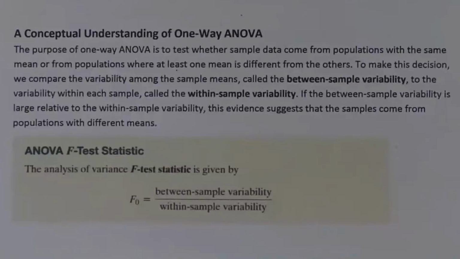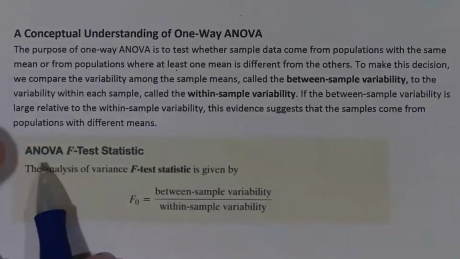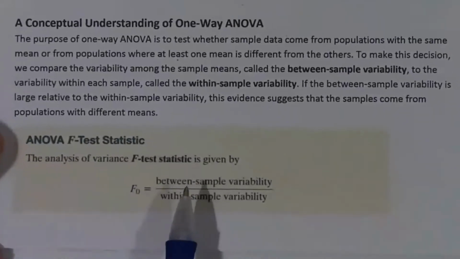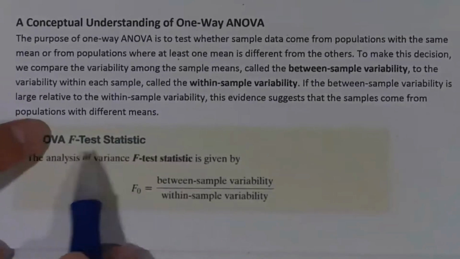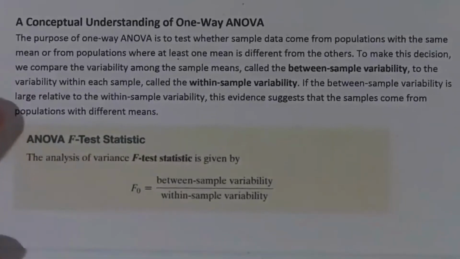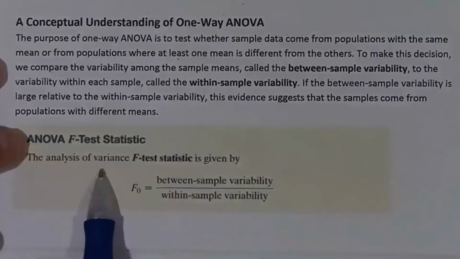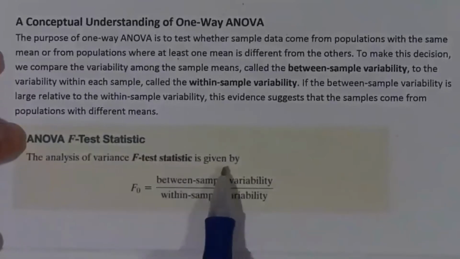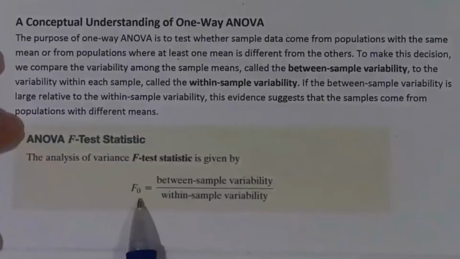That's the idea. So the way we're going to calculate the ANOVA test statistic, which is called an F test statistic, it's going to be based on an F distribution, which we'll talk about a little more shortly. The analysis of variance F test statistic is given by F naught. So we're using the same notation as before.